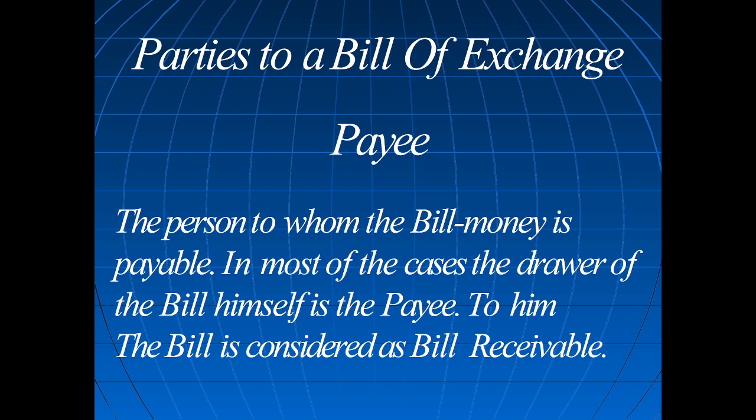Sometimes another party will receive the money to whom I endorse, and the person to whom I endorse may endorse the bill to some other person also. Payee will change accordingly. So we can come to the conclusion that the holder of the bill at the end of the term will be the payee.